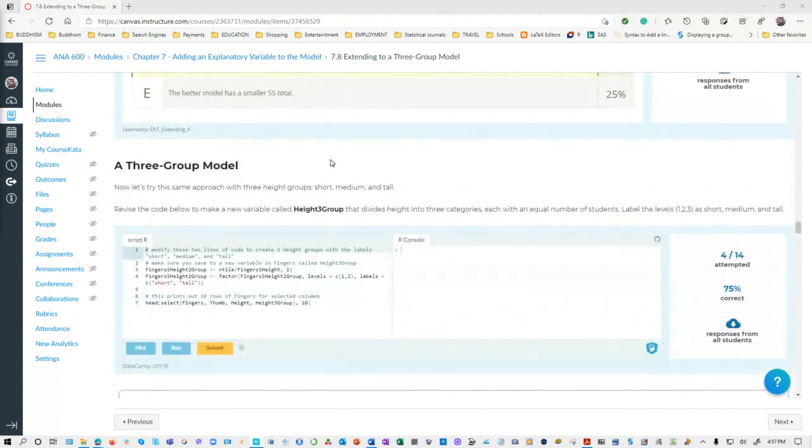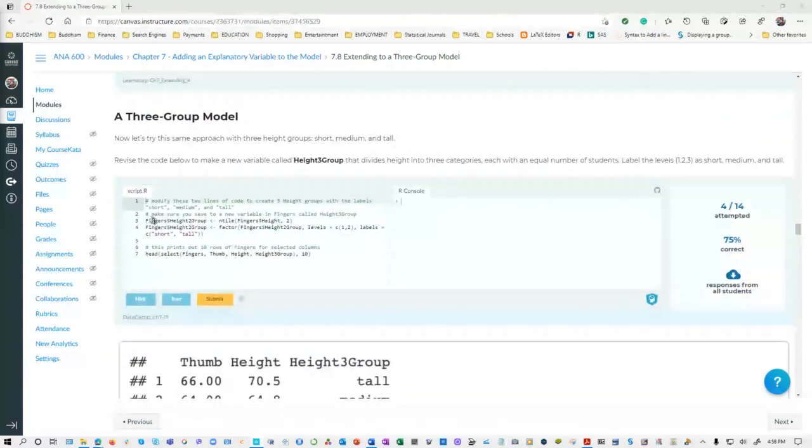Now, instead of going to 2 groups, we can divide this height into 3 groups. Revise the code below to make the new variable called height 3 groups, dividing the height into 3 groups, each with an equal number of students. Label them 1, 2, 3 as short, medium, and tall.